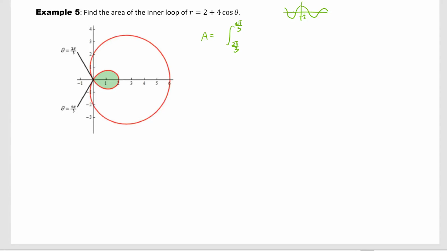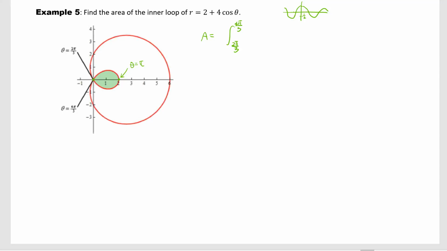So 4 times minus 1 half is minus 2. 2 minus 2, so you get 0. That's why you get the origin. And then when you plug in pi, cosine pi is what? Cosine pi is minus 1. So 2 minus 4 is minus 2. That's why this point corresponds to the angle pi.